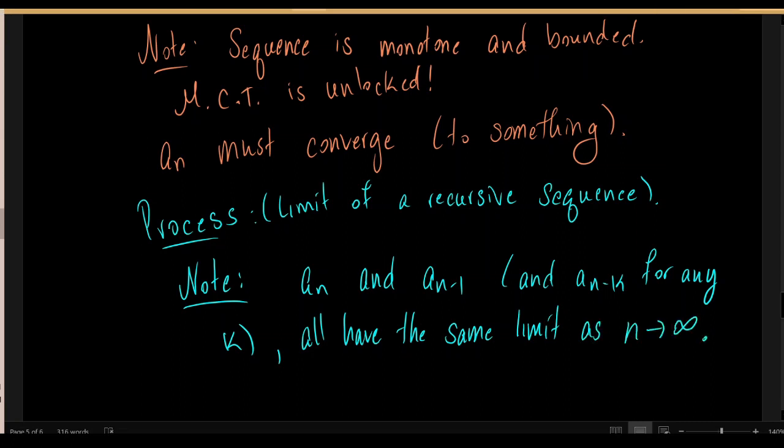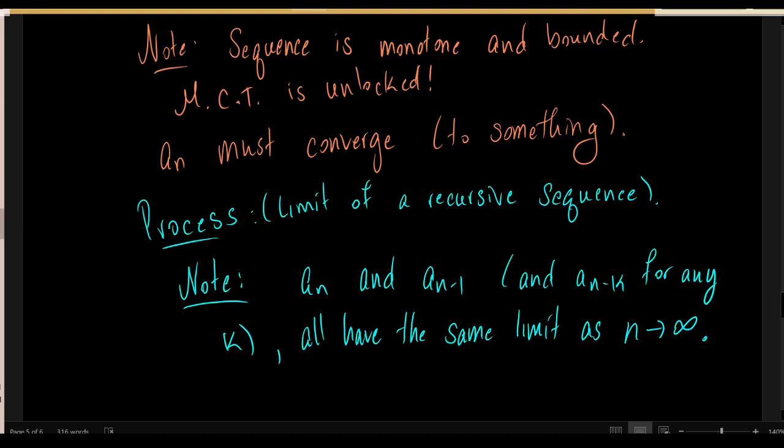The limit is concerned with what's happening when n is basically infinitely large. So the limit is absolutely unconcerned with anything that is happening at the beginning, at the left-hand side of the sequence. The limit only cares about what's happening on the far right, infinitely far right horizon of the sequence. So a_n minus 1, a_n minus whatever, all of these have exactly the same limit.